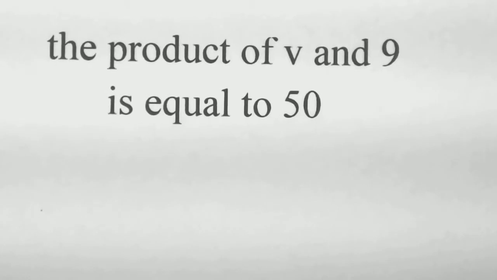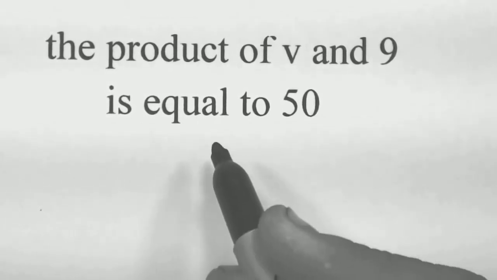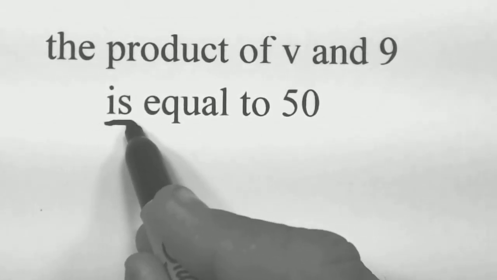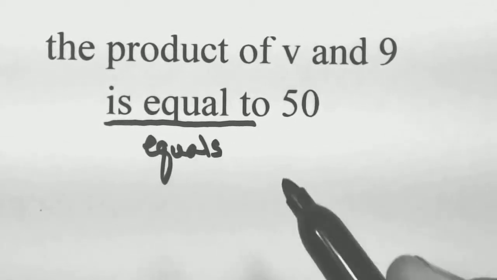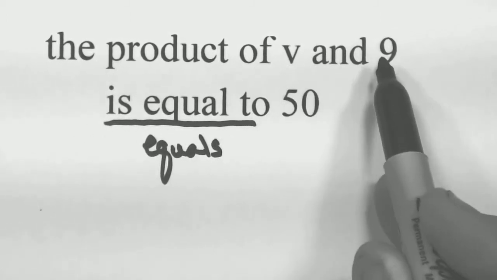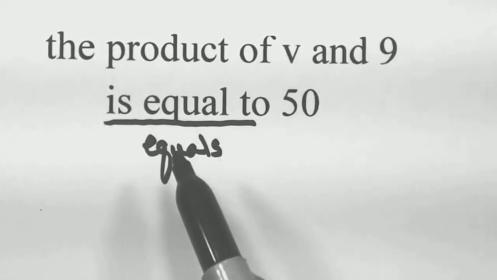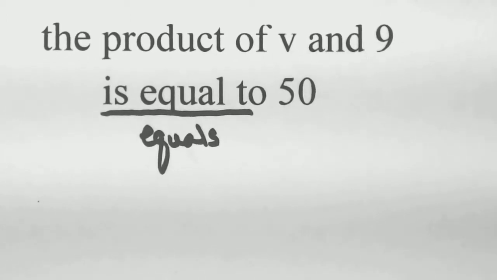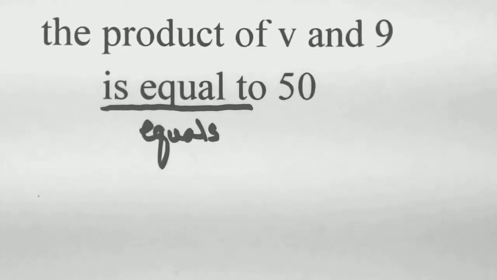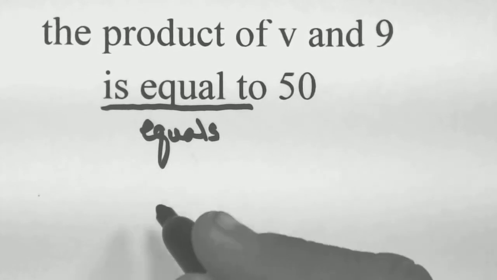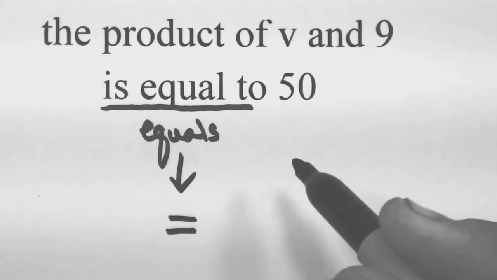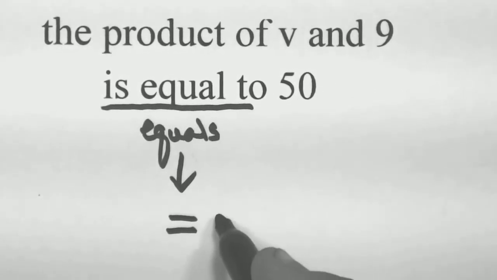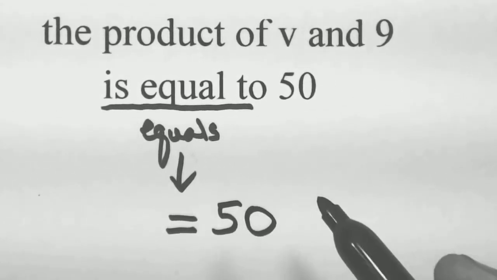Okay, moving on to other math operations. Our next stop, again, we've got "is equal to," which we can replace with the word equals. And we have "the product of v and 9 equals 50," which is the same as the original wording. Product, of course, means multiply, so we'll get to that in a moment. But first, here's our equal sign where the word equals is. What's to the right of the word equals? 50, so that goes to the right of our equal sign.